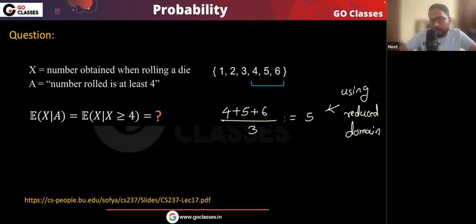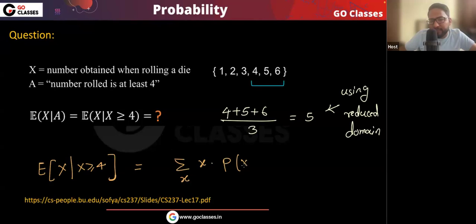Now, if you want, you can solve this question easily with the help of a formula also. What is the formula of expectation of X given, let's suppose, an event A, or X greater than or equal to 4? Do you remember the formula? The formula of expectation of X used to be the summation over all values of x, x multiplied by the probability of X being x.